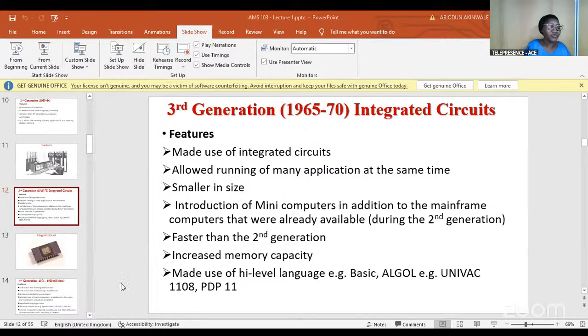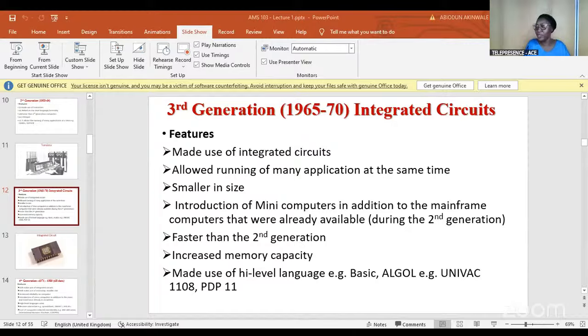So we move to the third generation, which is 1965 to 1970 with integrated circuits. So with this, you have a better life using computers. It allowed the running of many applications at the same time. It's smaller in size.